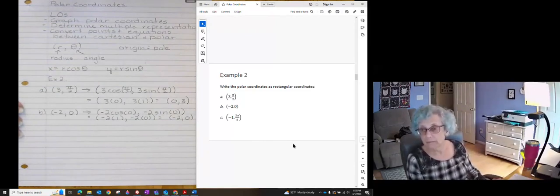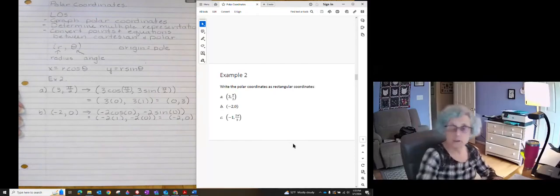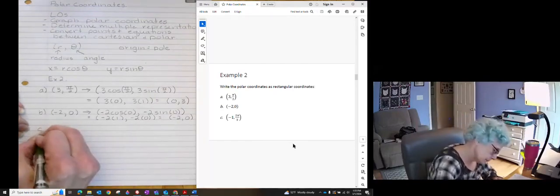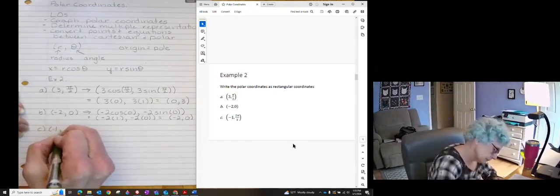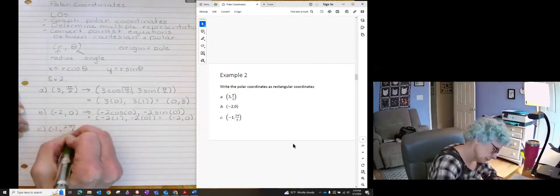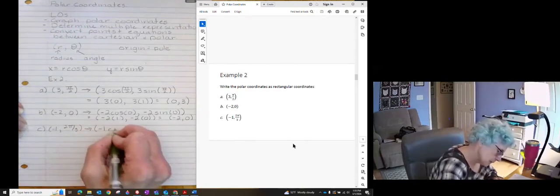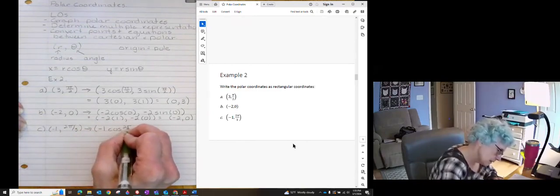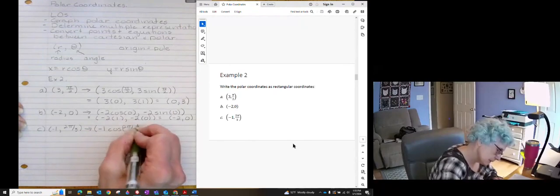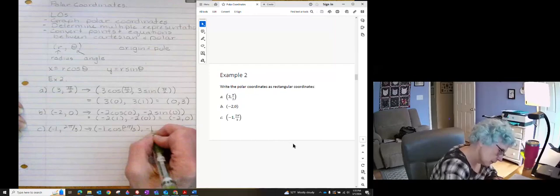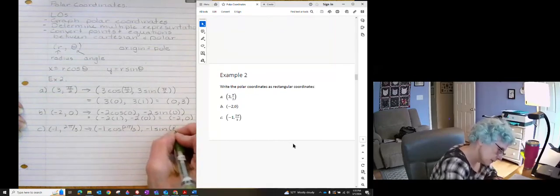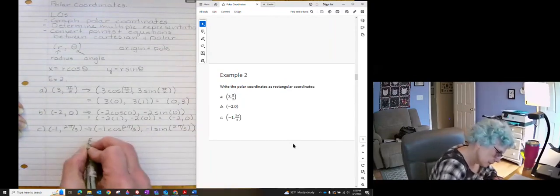And then we have -1 and 2 pi over 3. That would be -1 times the cosine of 2 pi over 3, -1 times the sine of 2 pi over 3.